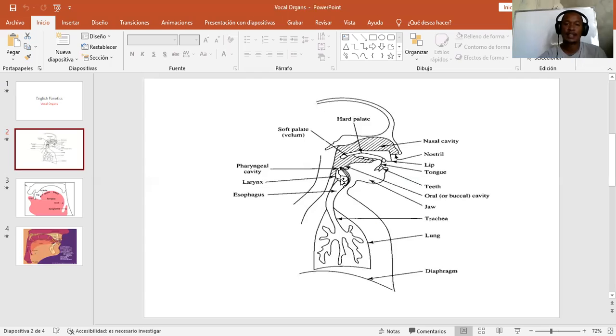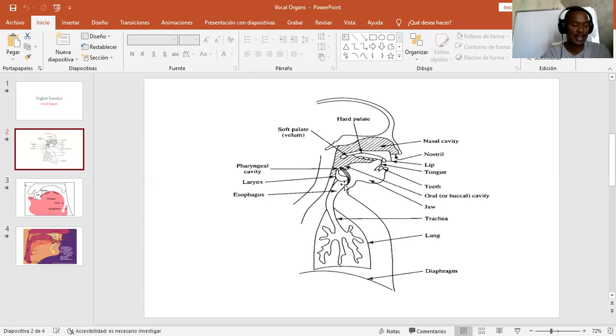The larynx is the part of the vocal tract that comes immediately on top of the trachea, the windpipe, and is coextensive with it. The larynx holds the vocal cords, also called the vocal folds, made of elastic tissue and capable of movement.